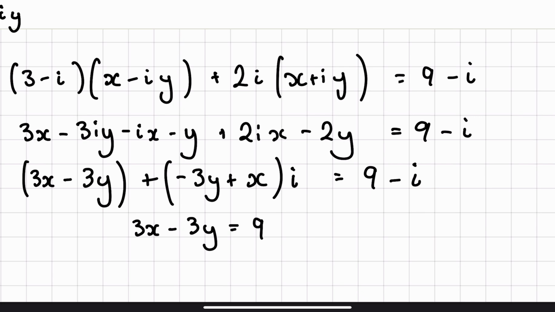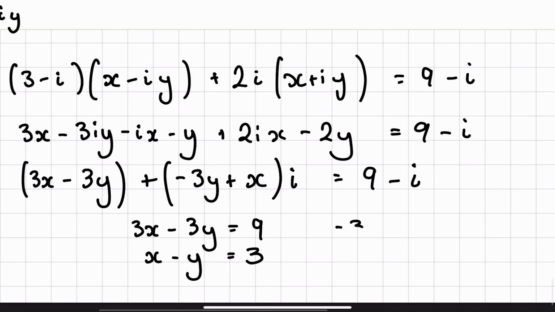And then I can see I can divide that all by 3. And then I've also got minus 3y plus x. That represents here minus 1. We can see that here. So we've got that as minus 1.